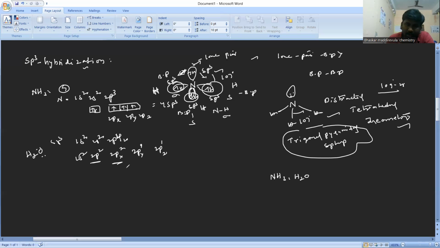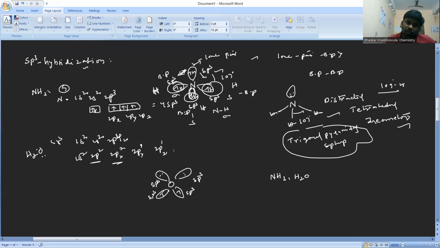So the central atom possesses sp3 hybridization, but you can see 2 lone pairs in the sp3 hybrid orbitals. The remaining two sp3 hybrid orbitals each consist of one unpaired electron.